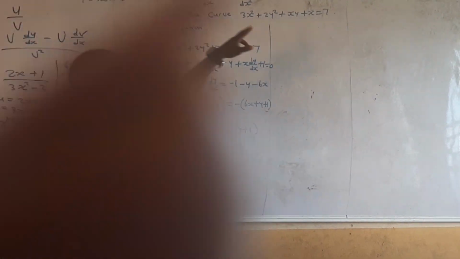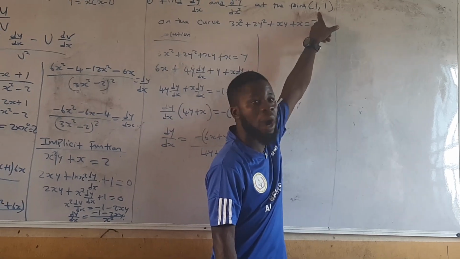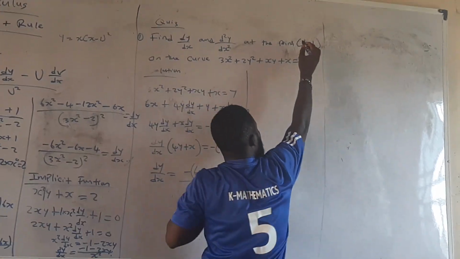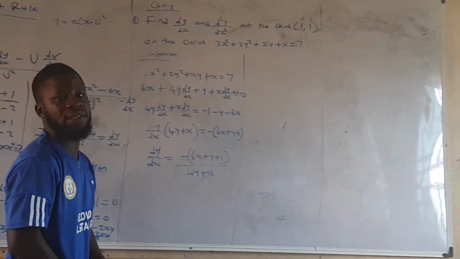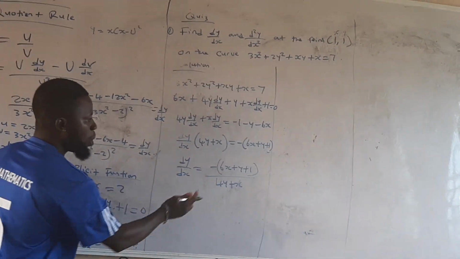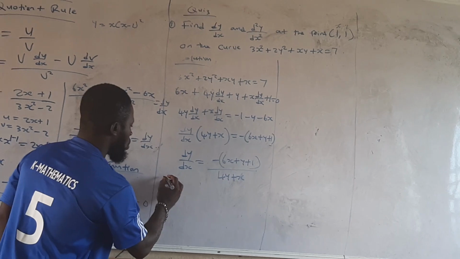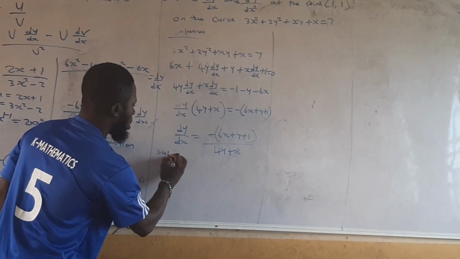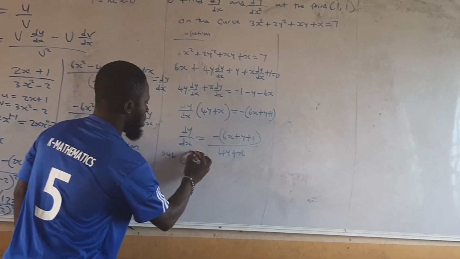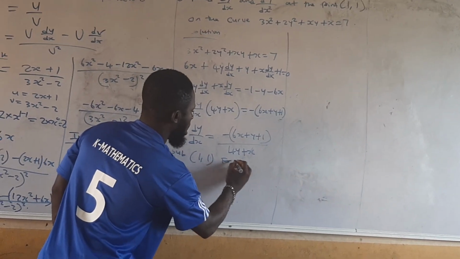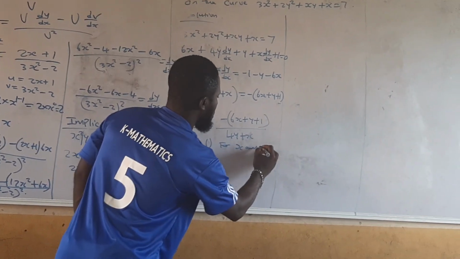But in the question, we are given a point (1, 1), which is telling you this is x and this is y. Your coordinates are always in the form x, y. So we now substitute the values: sub coordinates 1, 1 for x and y.